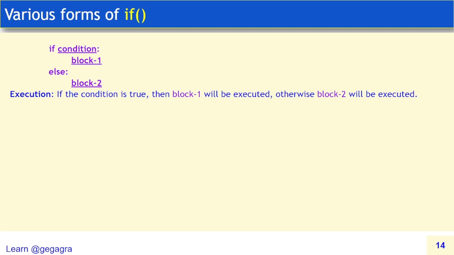The condition given here will be checked or evaluated, and if the condition evaluates to true, then block 1 is executed, and if the condition is false, then the else part is executed. So if the condition is true, block 1 will be executed, otherwise block 2 will be executed.